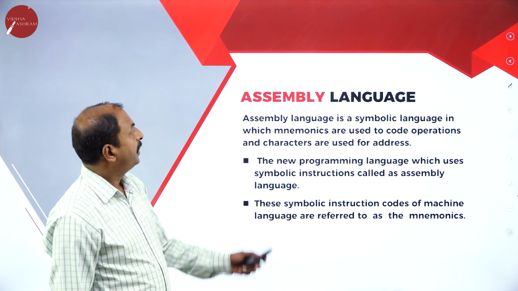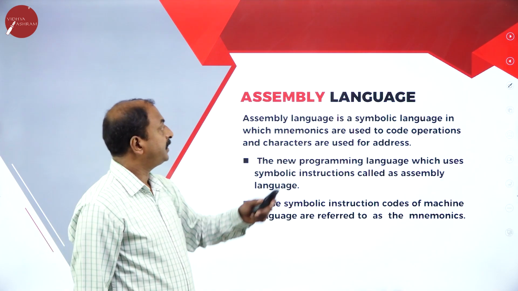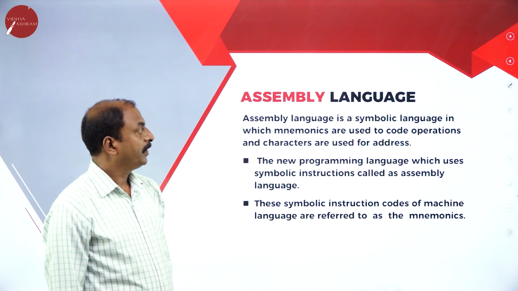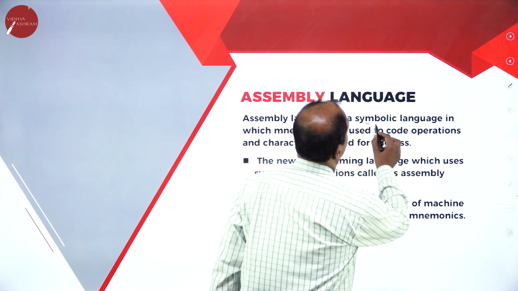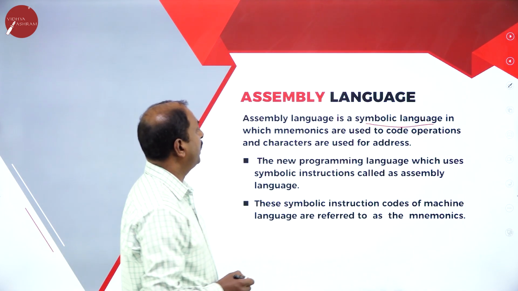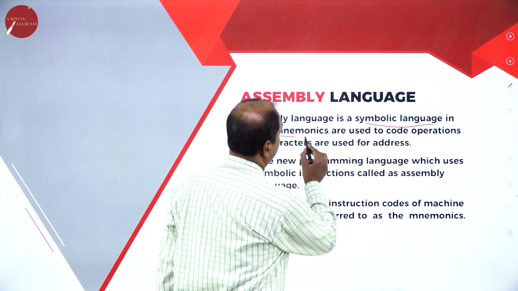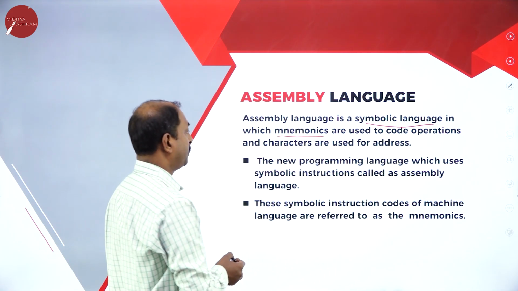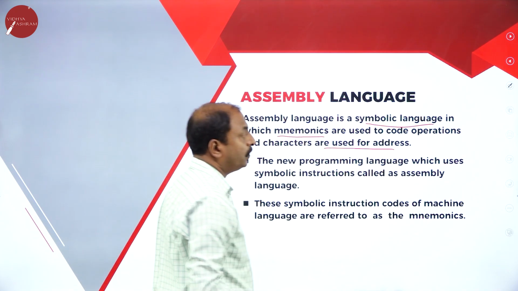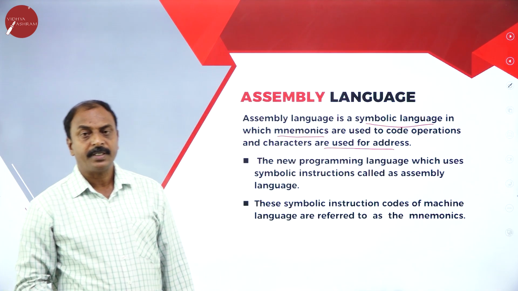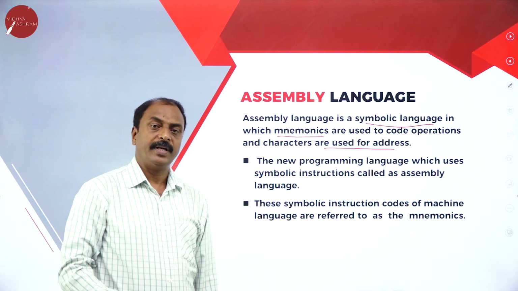Now let us see the next level language, that is assembly level language. What is assembly level language? It is a symbolic language in which mnemonics are used to code operations and characters are used for addresses. This is a slight improvement compared to machine level language.